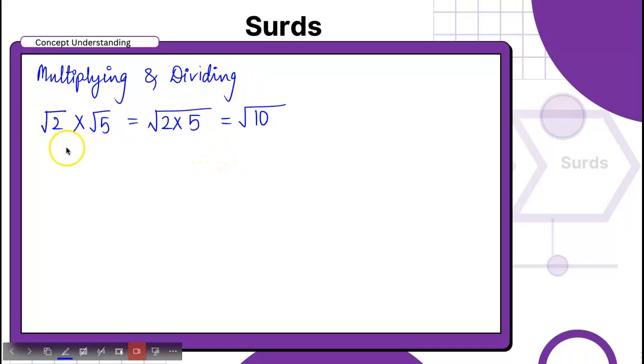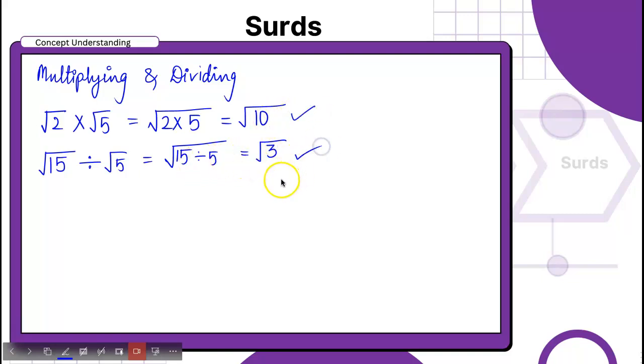If it comes to dividing surds, say for example you have root 15 divided by root 5, we draw a big radical symbol and write 15 divided by 5 inside, and 15 divided by 5 gives us 3. So that is our answer. Hope that makes sense. After multiplying and dividing, we will be talking about simplifying surds.